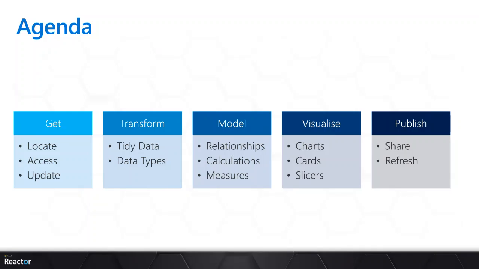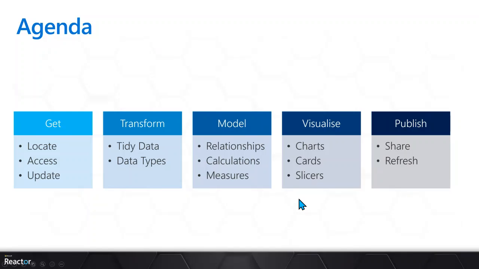But today we are going to concentrate mostly on the visualizations. So we're going to have a look at the ways we can use some of the AI tools that have been introduced into Power BI in the last year or so. And then finally, assuming we still have some time, because I always run out of time, we will do a quick look at publishing, but that's not the priority today.